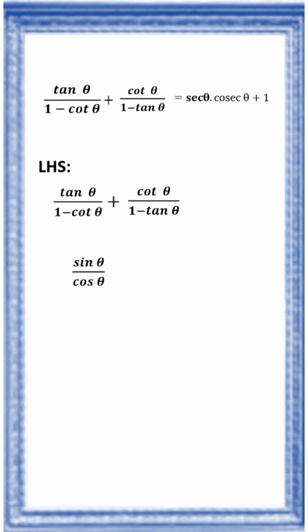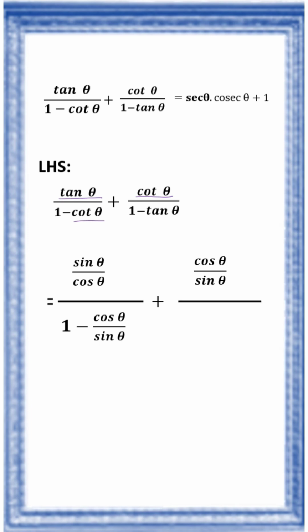Now let us convert tan theta into sin theta over cos theta. So upon 1 minus cot theta, let us convert it as cos theta upon sin theta, plus cot theta, which is cos theta upon sin theta, upon, here let us convert tan theta into sin theta over cos theta, that is equal to sin theta upon cos theta.